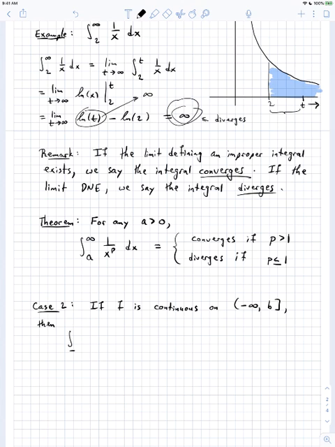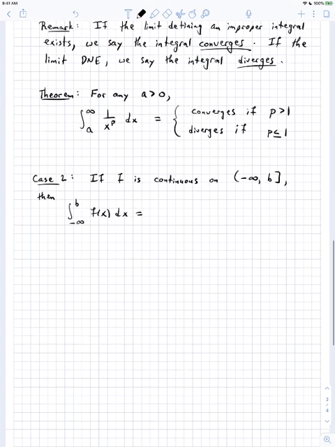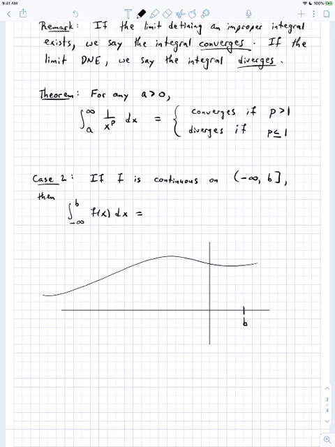The integral from minus infinity to b of f of x dx is equal to, and so now what kind of picture are we looking at? It's basically the mirror image of the kind of thing we were looking at before. So we're going to have b, well, b can be a positive number, but the idea here is that we're going off all the way over to negative infinity.